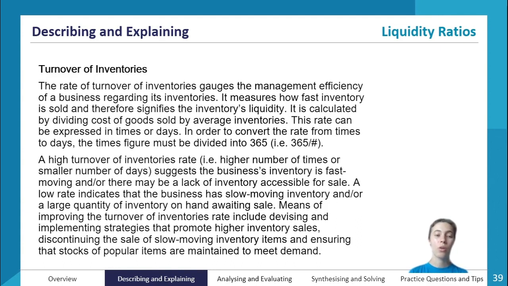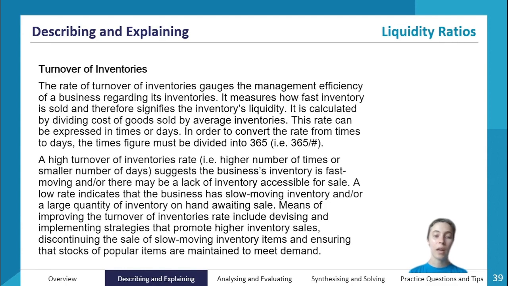So you calculate this by dividing the cost of goods sold by average inventories. And this is something where you're not always given the cost of goods sold results. If you're looking at financial statements, trying to find the figures to plug into your formula, you need to understand how to calculate it.